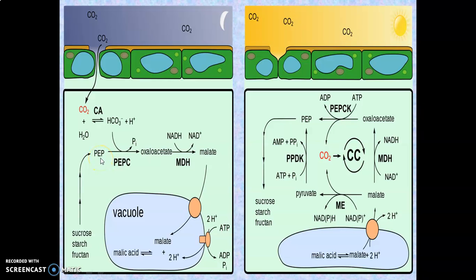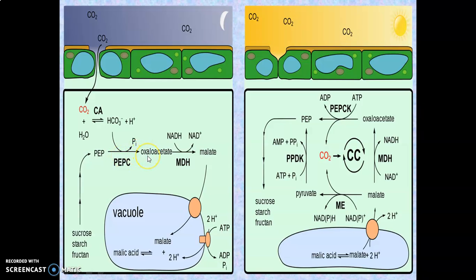Phosphoenol pyruvate, a three carbon compound, converts into oxaloacetate or oxaloacetic acid, the first stable compound in the CAM pathway. It is a four carbon compound. The oxaloacetic acid is formed in the presence of the enzyme phosphoenol pyruvate carboxylase, which catalyzes the reaction.